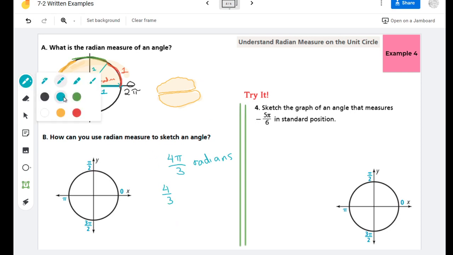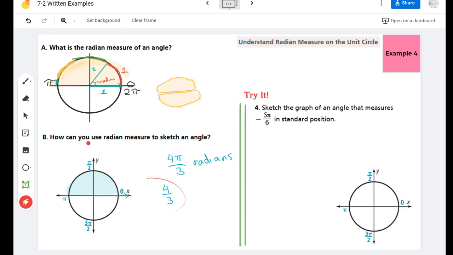So I know that I'm going to start with my initial side at 0. And I know that I'm going to use at least 1 empanada, or 1 pi, worth of material, because 4/3 is bigger than 1. And so now I need an additional 1/3.